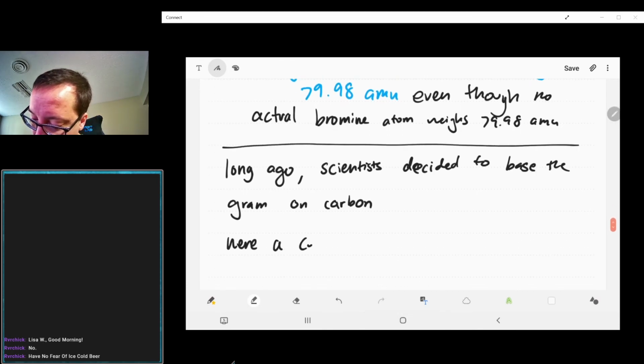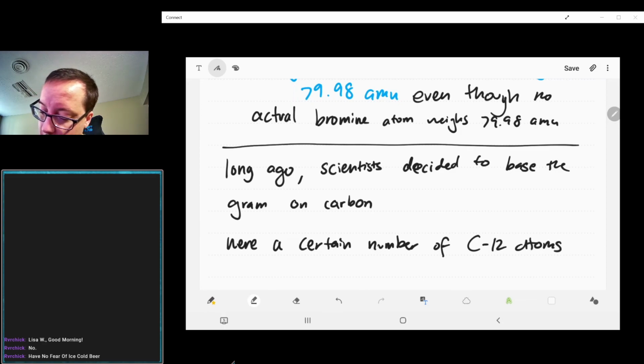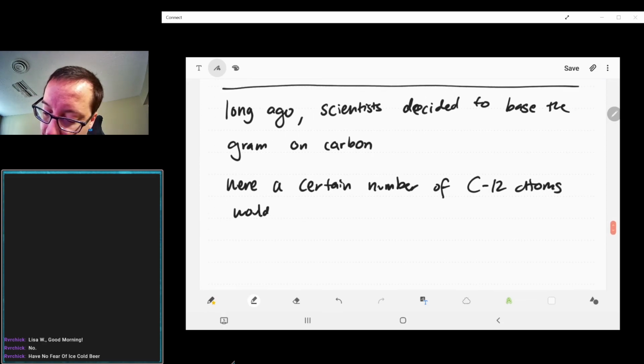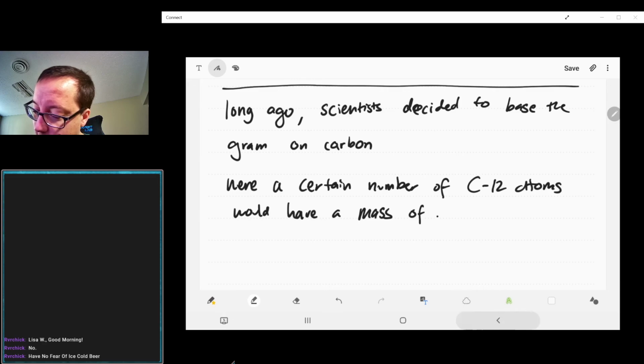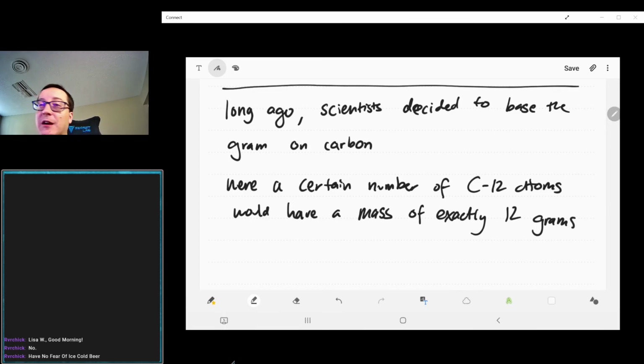a certain number of carbon-12 atoms would have a mass of exactly 12 grams. So some way of figuring out how many atoms it would take of carbon-12 to get 12 grams of carbon.